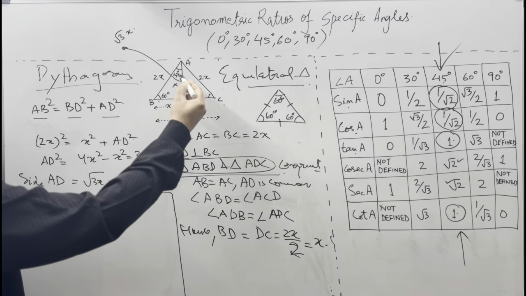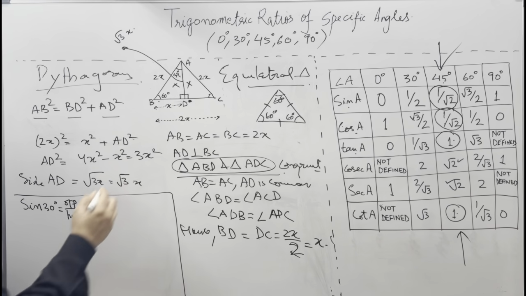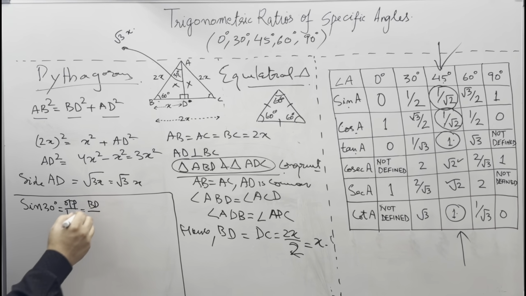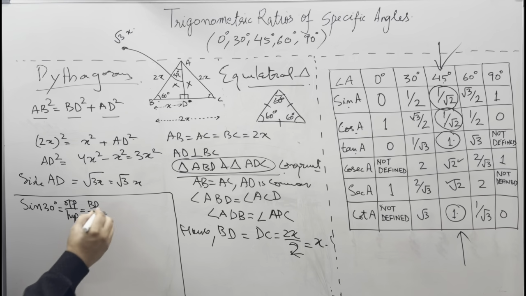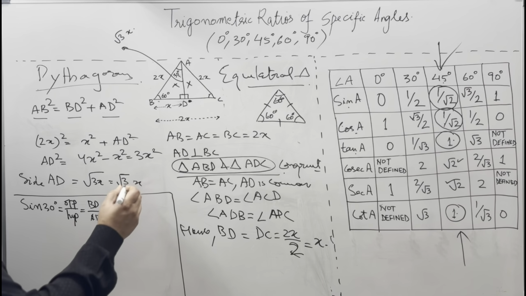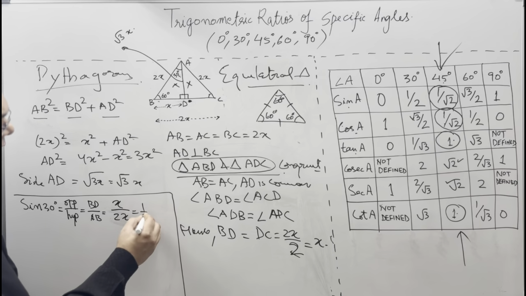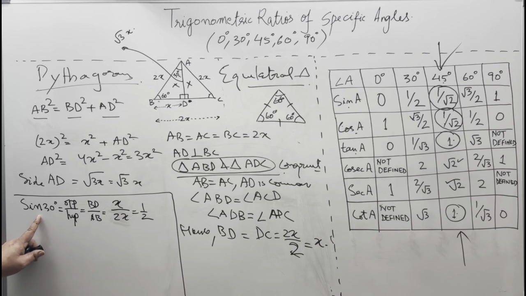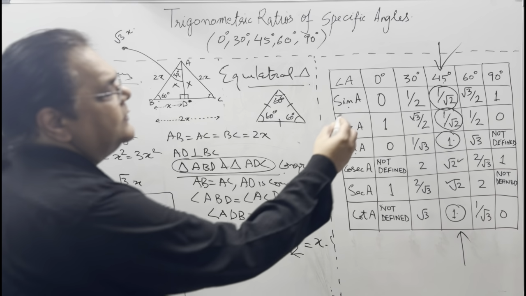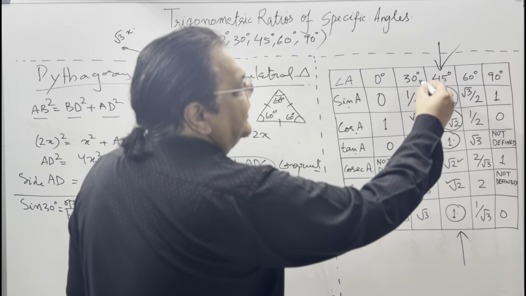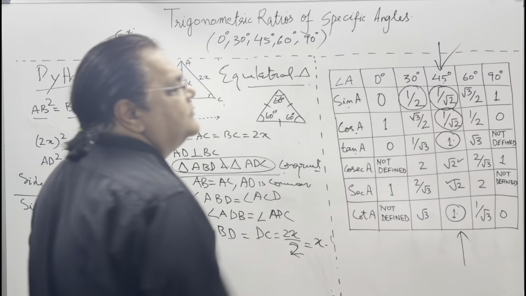So opposite of this angle is the side BD, and the hypotenuse is AB. So BD is equal to x and AB is equal to 2x. Sine 30 is half. Let us check in the table. Sine 30, it is half, 1 by 2.